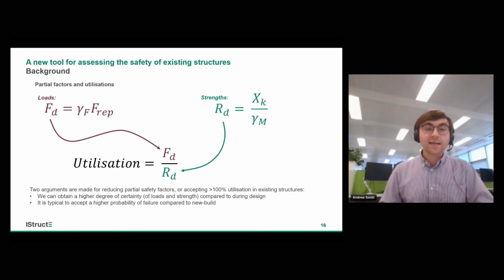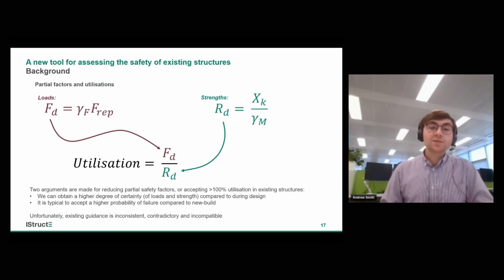And secondly, it's often common to accept a slightly higher degree of probability of failure compared to a completely new build structure. And as Andrew said, there is existing guidance around both of these and how we can adjust factors and utilizations, but unfortunately, a lot of this guidance is inconsistent or contradictory or incompatible between different sources, or the methods are very complex.